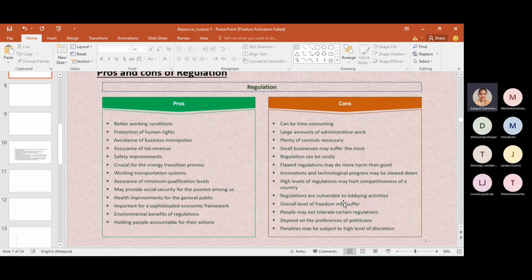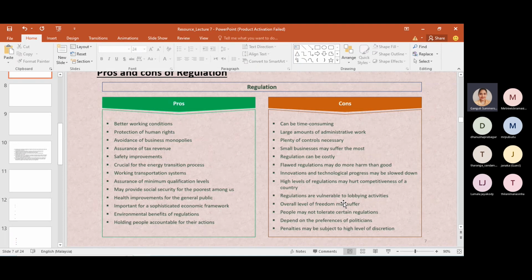But when it comes to regulation, you do not have that freedom because you always need to follow a set of standards or rules. So regulation might interrupt the freedom of the company as well. That is another disadvantage.